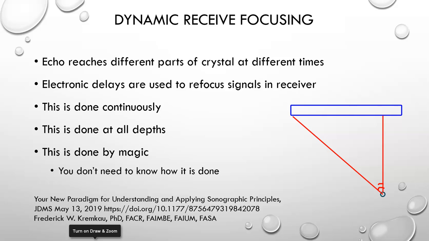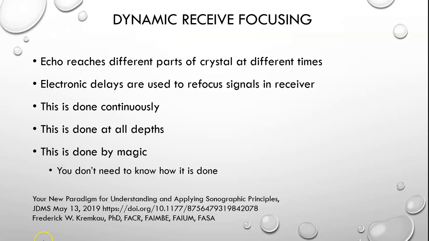However, if you actually want to know how this occurs, then you can look up this article in the Journal of Diagnostic Medical Sonography by Dr. Kremkow, and it's actually a very good article for understanding the dynamic receive focusing. But as far as the SPI exam goes, it's done by magic, but it's done continuously at all depths, and it does not affect the frame rate.